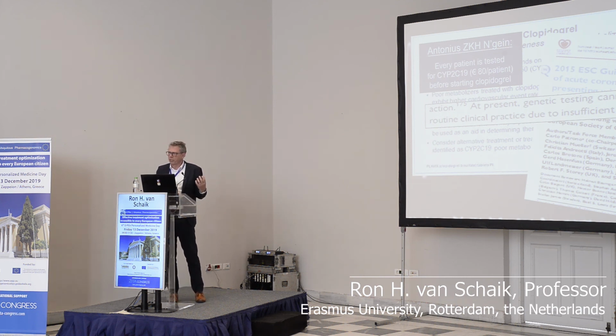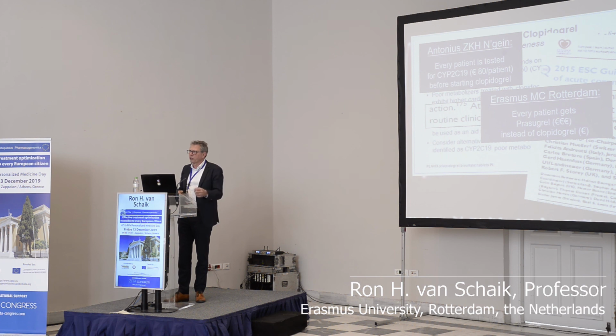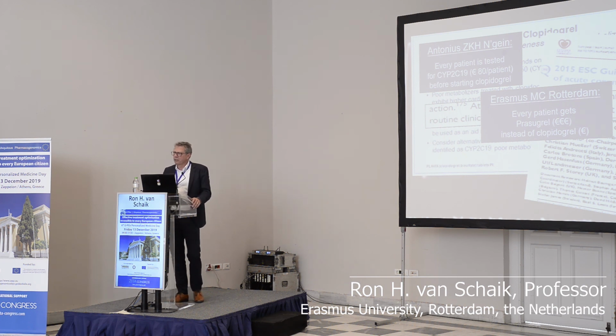They test for 2C19. I went to my own hospital in Rotterdam, the Erasmus University Medical Center, and I told the head of cardiology, wow, we can do 2C19 testing. And he said, but what's the alternative if you find somebody that has a deficiency? Well, then you can prescribe prasugrel. And his solution was just prescribe prasugrel to everybody, because then you do not have to worry about the genetic testing.